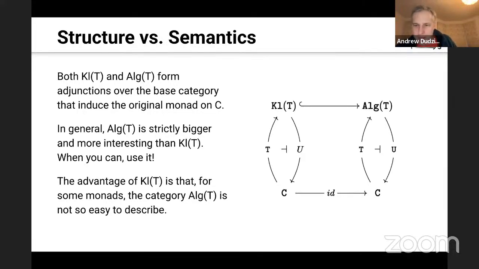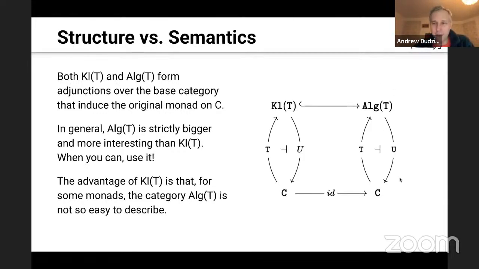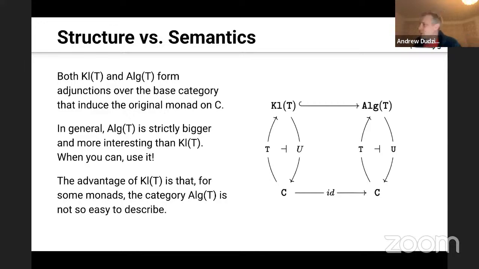So Callie asks, what are the monads associated with the common kind of free and forgetful adjunctions? In a sense, the answer to that is all monads, because every monad gives you such a free forgetful adjunction. As far as common types, there are various conditions you can place on monads, like finitary, but I'm not sure.